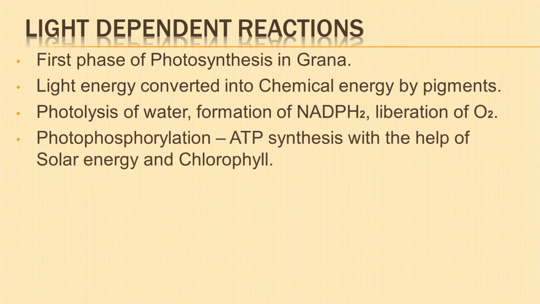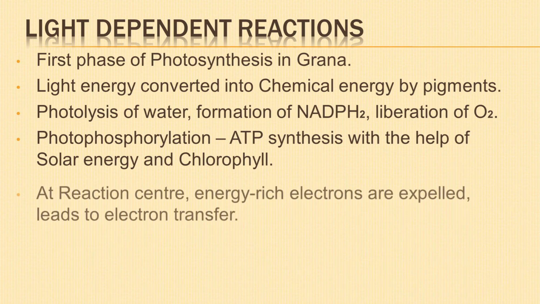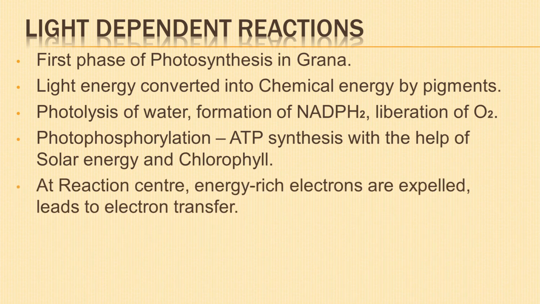Photophosphorylation is the process of ATP synthesis from ADP and inorganic phosphate with the help of solar energy and chlorophyll. At reaction center, energy-rich electrons are expelled on receiving photons, which leads to an electron transfer.